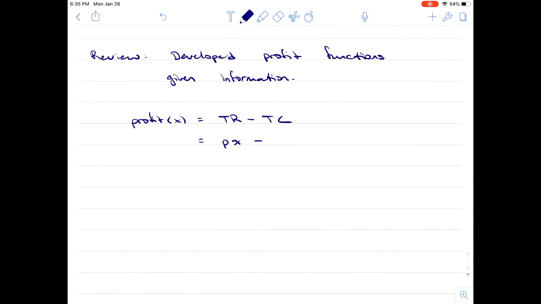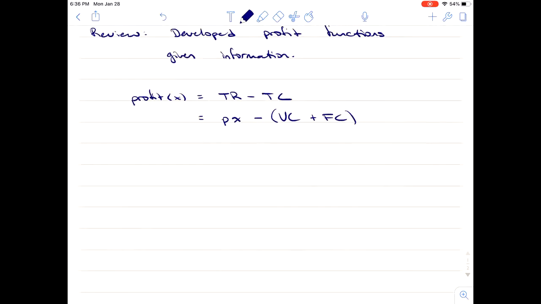And the total cost, we can replace with the variable cost plus the fixed cost, making note of the brackets, because we're minusing this whole chunk, which becomes PX minus VC minus FC if we expand those brackets out.